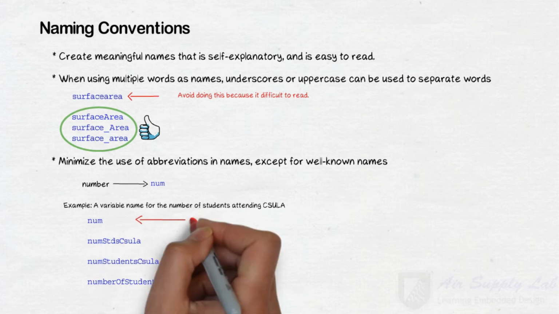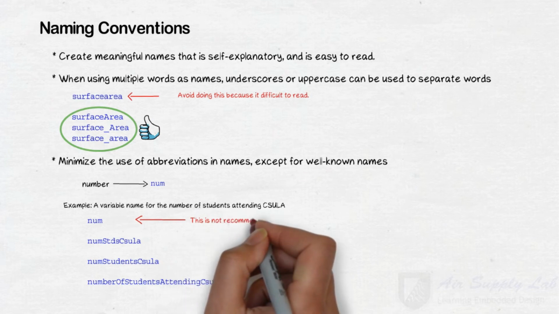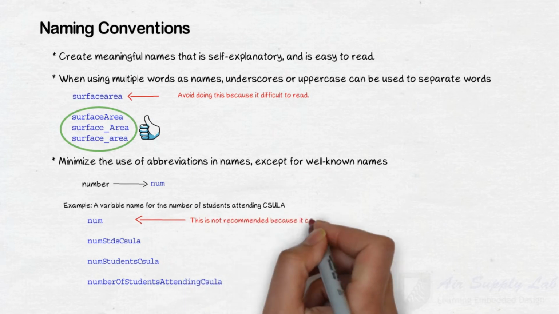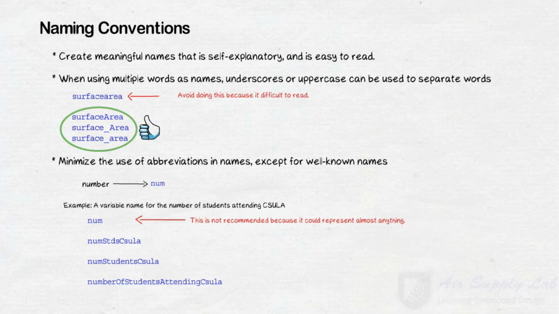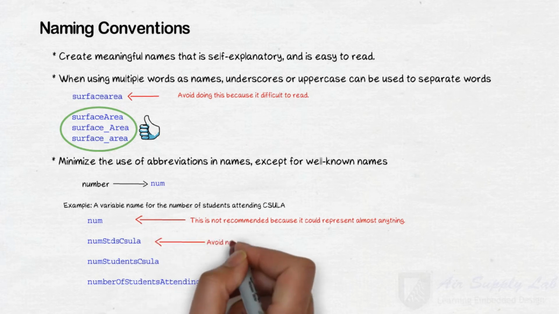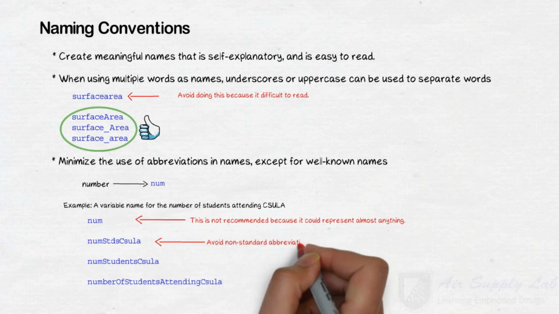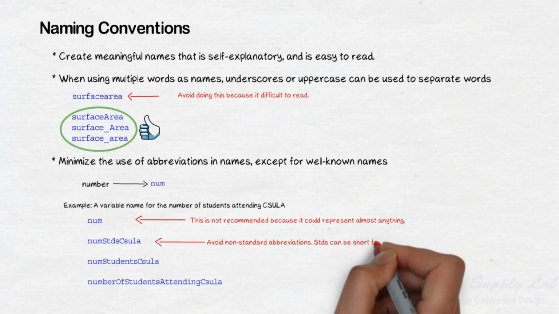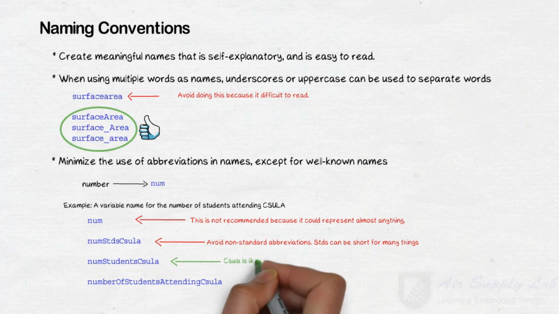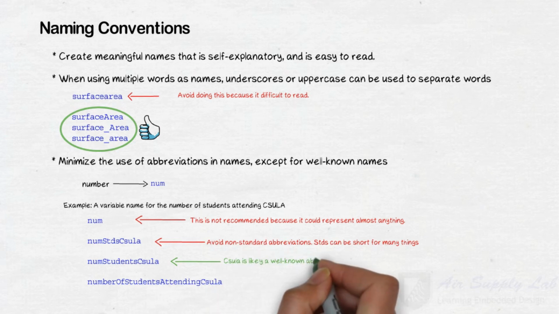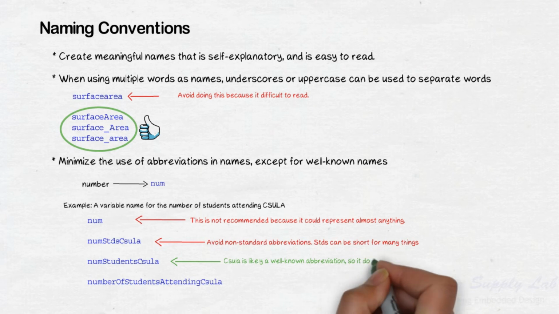The first item is not recommended because it could represent almost anything. Avoid non-standard abbreviations, as TDS can be short for anything. CSULA is likely a well-known abbreviation, so it does not cause a problem.